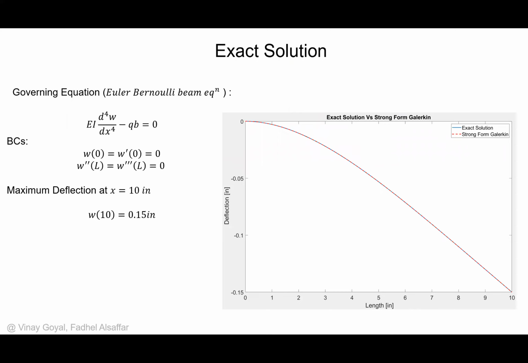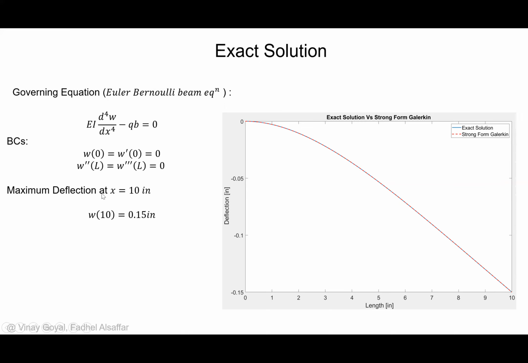We will be comparing our solution, the deformation along Y or the deflection, with the exact solution, and there's a strong form approximation of that exact solution, which basically matches exactly. And I plotted the results here.